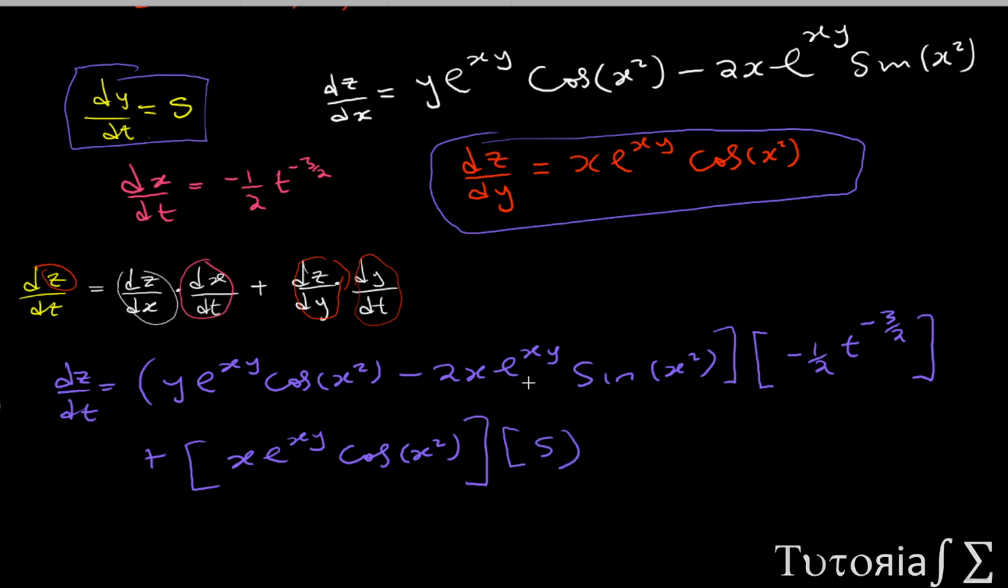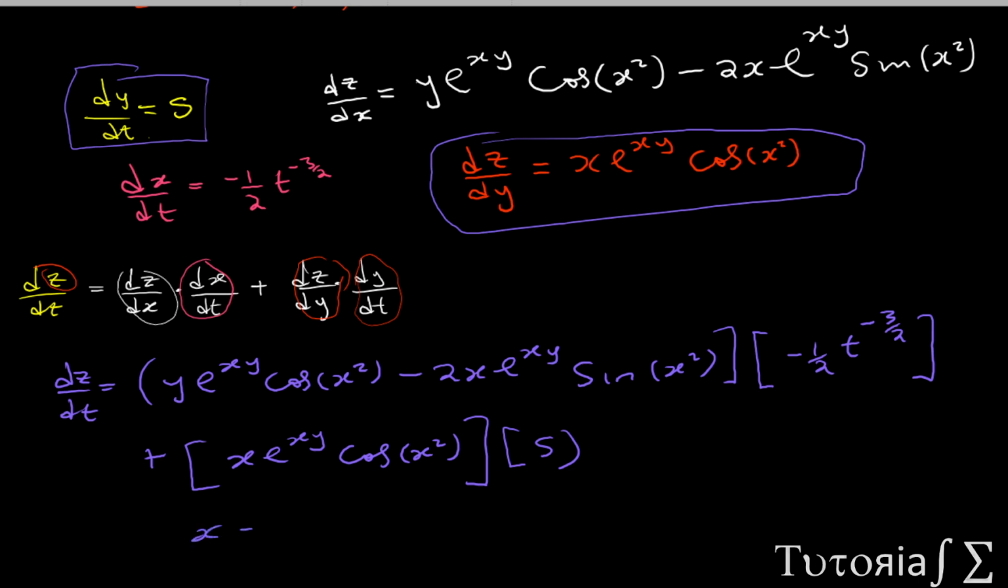Okay. So now remember, we have been asked to find z with respect to t, so we shouldn't have x and y in the answer. What is the value of x?